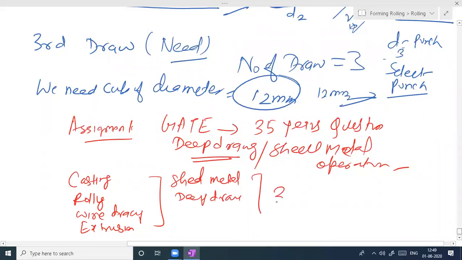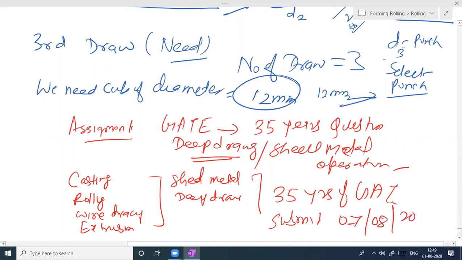So you have to solve 35 years of questions and submit, from 2007-08 to 2020. Deadline.